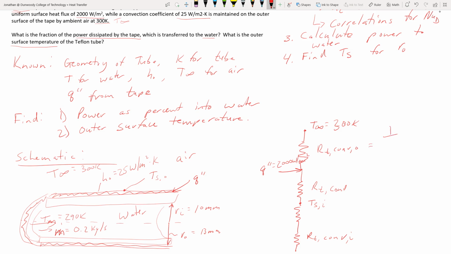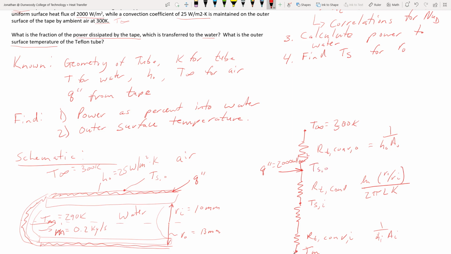That's going to be 1 over h_o A_o, 1 over h_i A_i, and this one in the middle is just going to be the natural log of r_o over r_i over 2 pi L k, where L is the length. And I think that gets us here, right? And this is T_m for the water, and T_s,o is what we're calling this here.